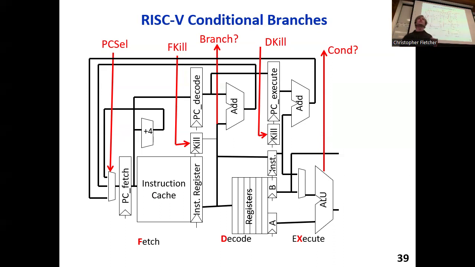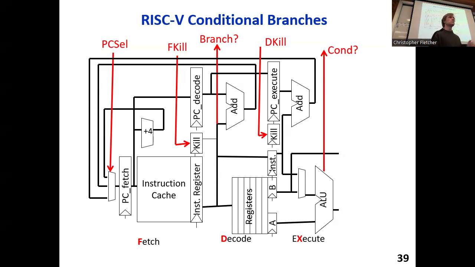We could have implemented a pipeline where we only had one add unit, just like we discussed with the bus-based data path from earlier. Having a separate add unit to calculate the target is not fundamental. But if we had that alternative implementation, then we would not have been able to calculate the target until later in the pipeline. We would have to use the execute stage. And sadly, we're already using the execute stage for something related to the branch, namely calculating the condition.